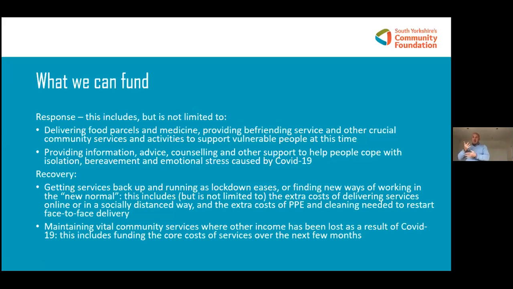So we've had grants that have come in from food banks, we've had grants from people that are distributing food parcels, or that have perhaps worked with, for example, people with learning disabilities who can no longer go out and meet them, but are now doing online contact sessions so that people can still keep in touch. So basically anything that's alleviating people's immediate needs that have cropped up as a result of the pandemic and of lockdown.